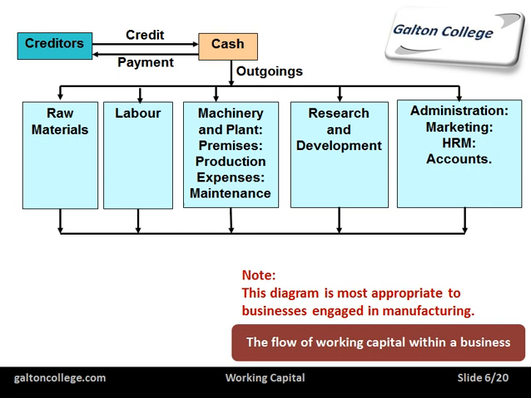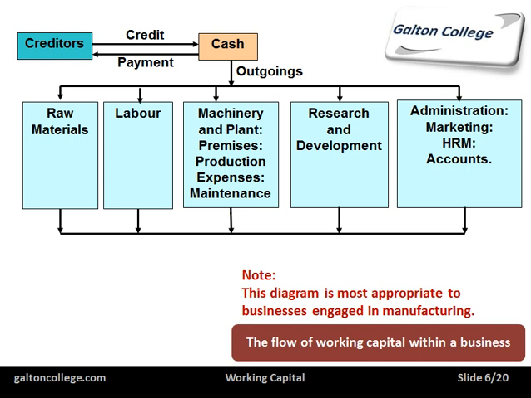Now, we've also got creditors. Now, creditors enable the business to perhaps receive raw materials and pay for the raw materials later. But again, the creditors must be managed. When the bill is due, when the invoice is due for payment, the cash must be available in the bank.